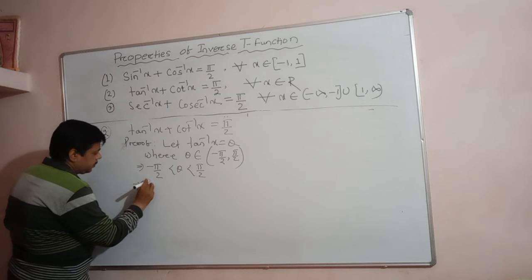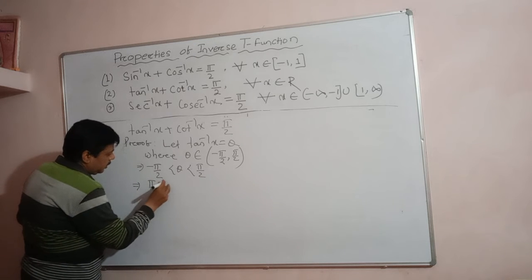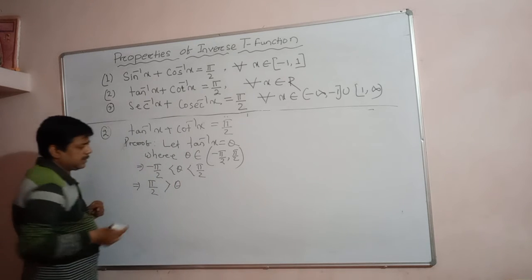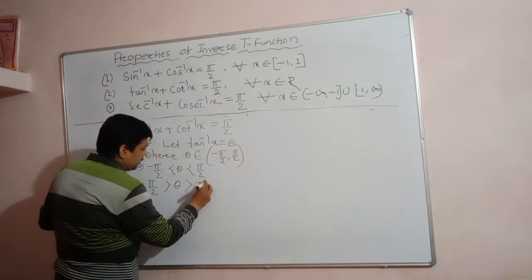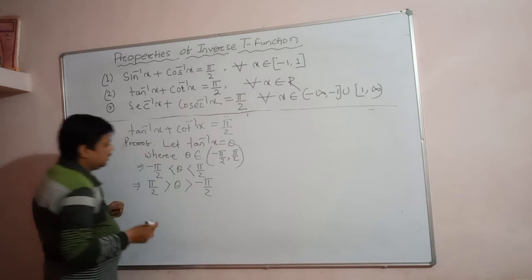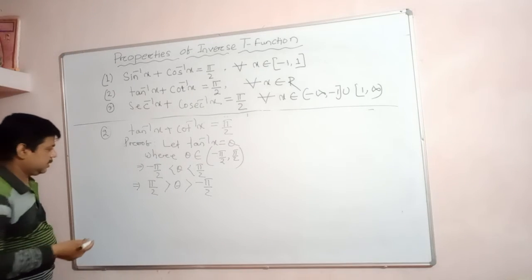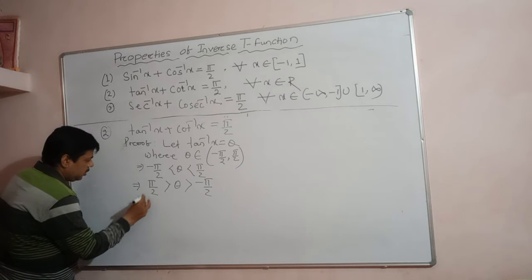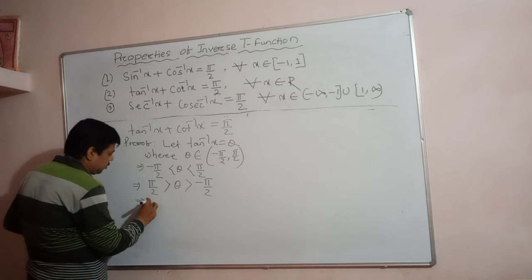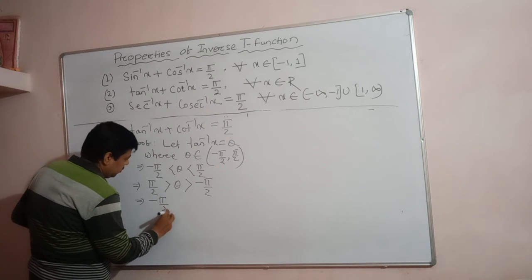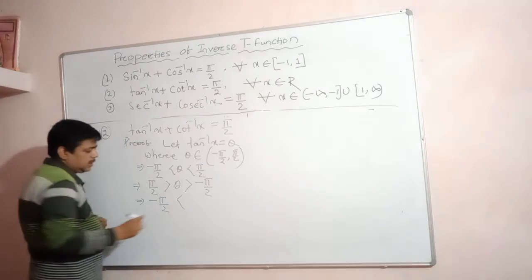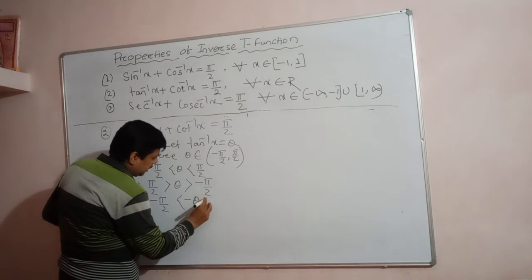That implies pi by 2 is greater than theta, and I change the inequality, greater than minus pi by 2. The inequality has been reversed. So again you put the minus sign: plus pi by 2 will be minus pi by 2, greater than becomes less than, and plus theta becomes minus theta.